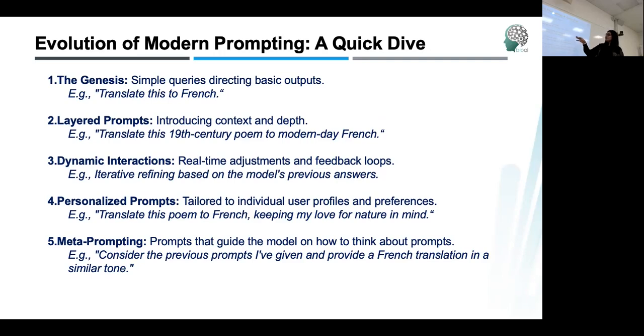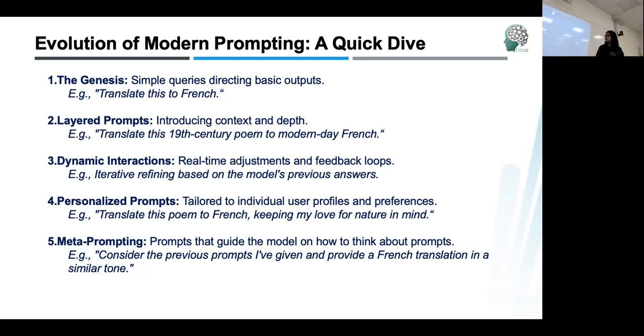And then personalized prompts, for what Rohit just talked about, for example, fine-tuning on my needs. So tailored to individual user profile and preferences, like translate this poem to French, keeping my love for nature in mind. I'm giving my specificity here.